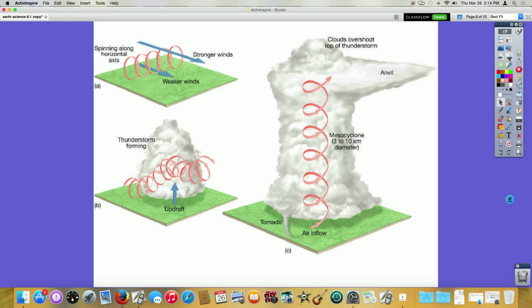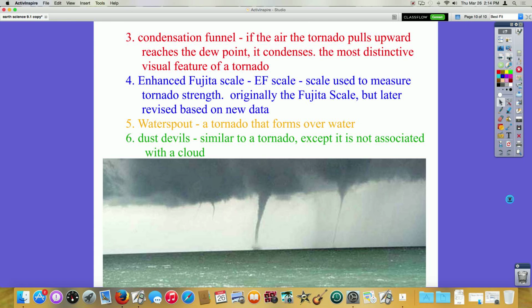It says mesocyclone 3 to 10 kilometers in diameter. It's still that anvil-shaped cumulonimbus cloud. And here at the bottom, you can see that a tornado might form as the clouds reach down to the ground there. So that's a diagram for the formation of a mesocyclone. And then we have the condensation funnel.